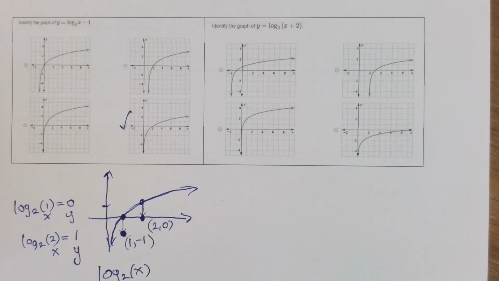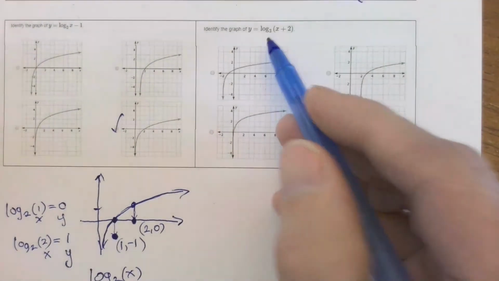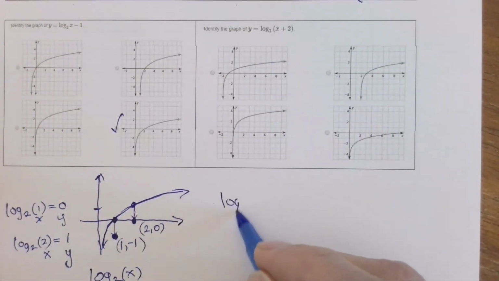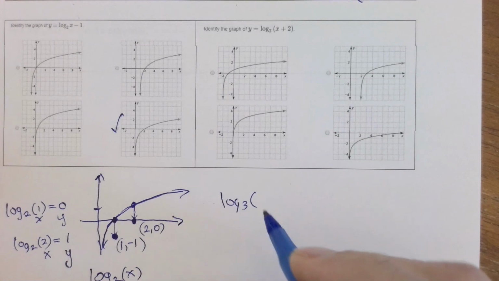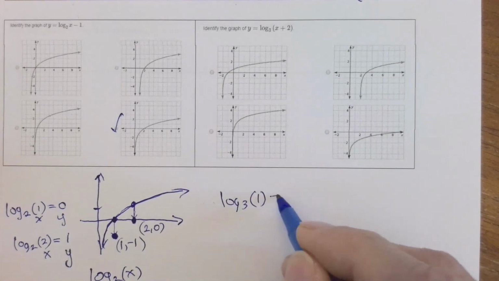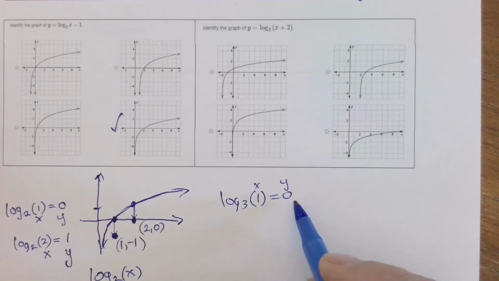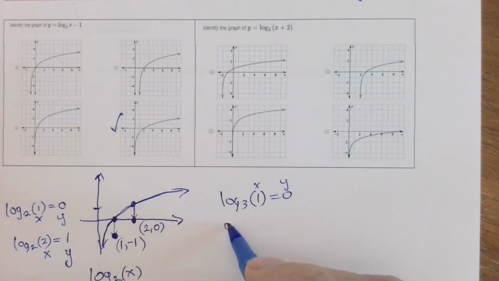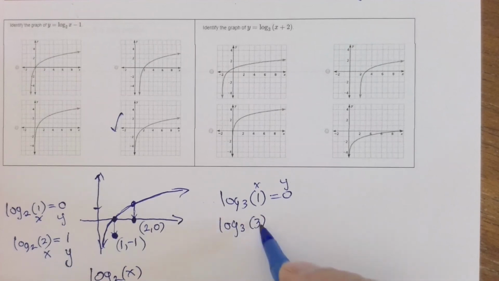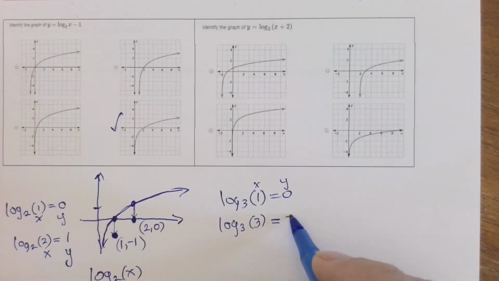Okay. So similar comments on this one. You're going to quickly figure out that a base 3 log graph has these 2 points. The base 3 log of 1 is 0, so that's an x and a y, right? 3 to the 0 power is 1. And the base 3 log of 3 is 1.